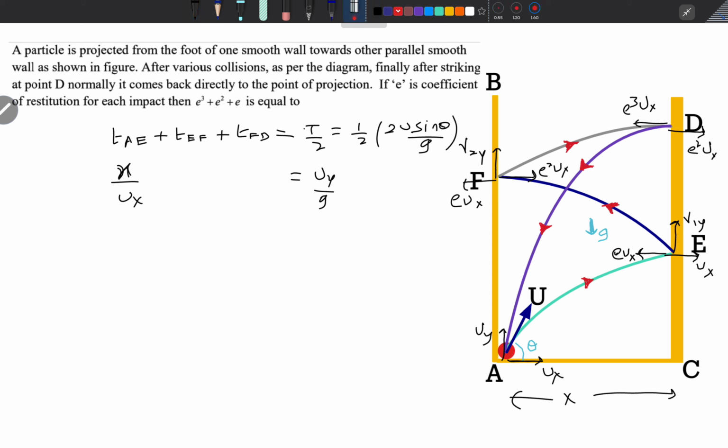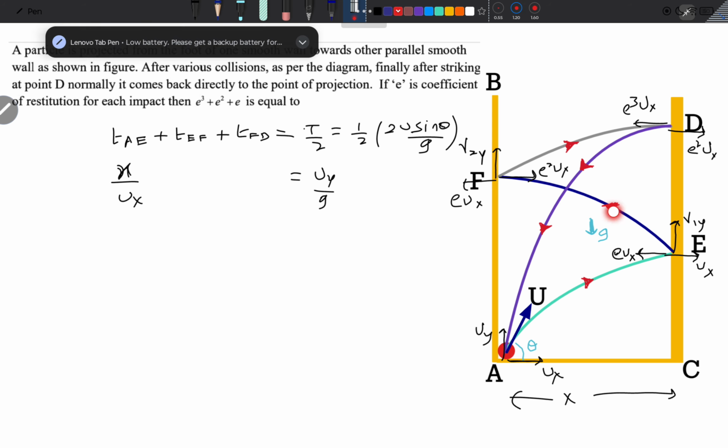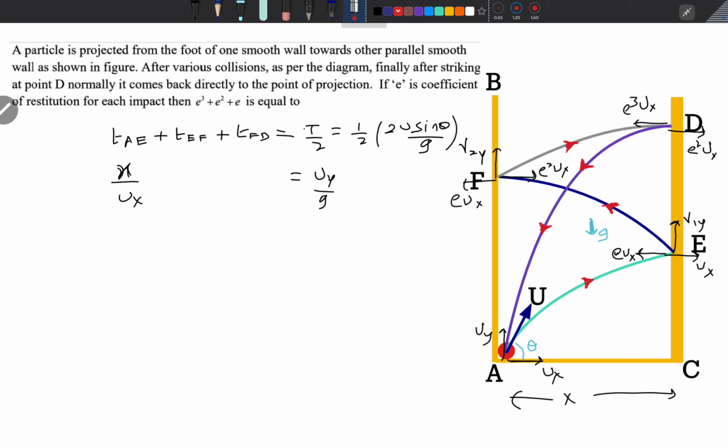After collision, the ball will move from E to F. The time taken depends upon this velocity and this distance, so this will become x by eux. Time taken to move from F to D depends upon the velocity component e²ux, and the horizontal distance covered is x, so this will become x by e²ux.